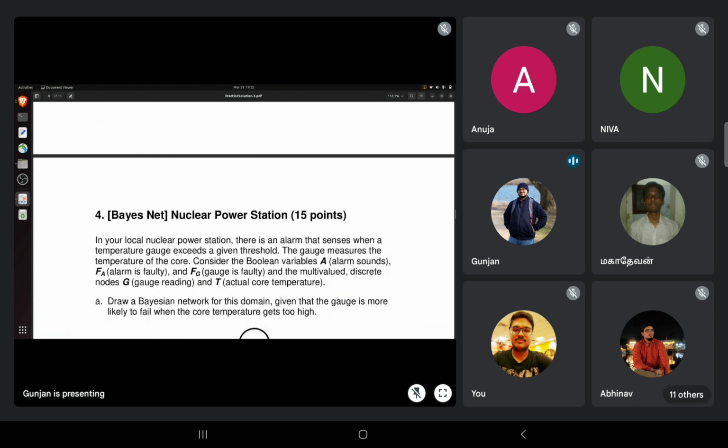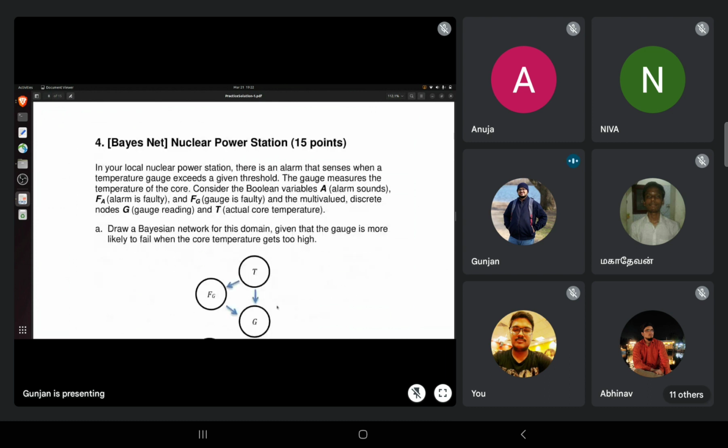Now let us see the final thing. So this part is clear, right? Why is this happening? It is saying that the gauge is more likely to fail when the core temperature is high. So FG will influence G, because whether the gauge is faulty or not will tell you whether the reading of the gauge is correct or not.